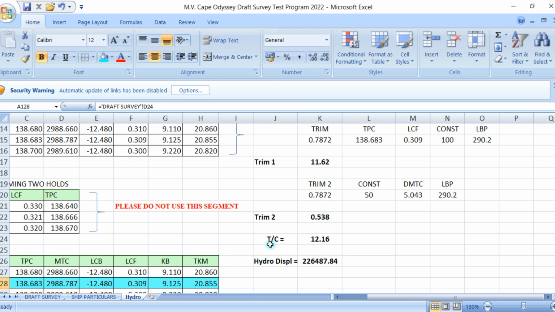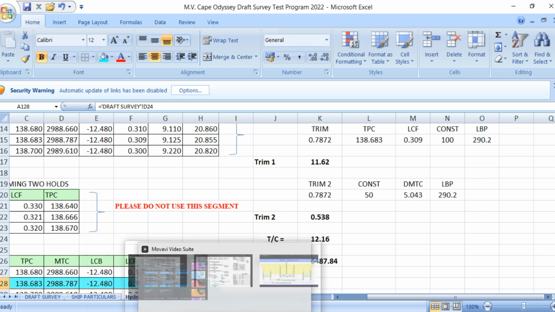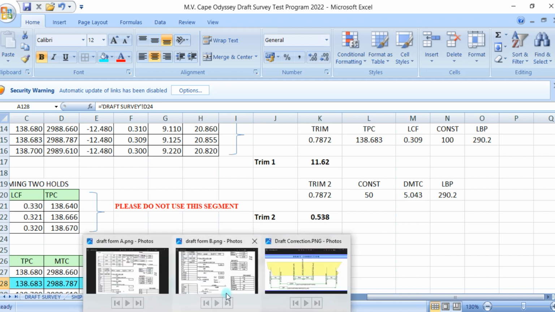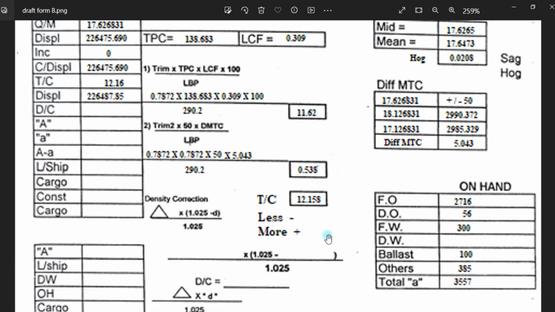The answer will be, your trim correction will be 12.16. So you put here, trim correction will be 12.16.